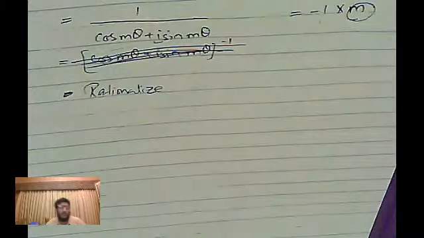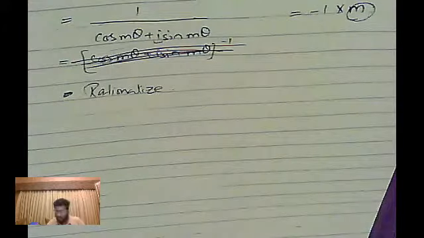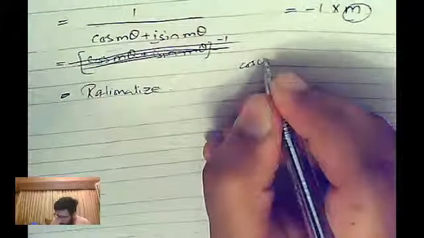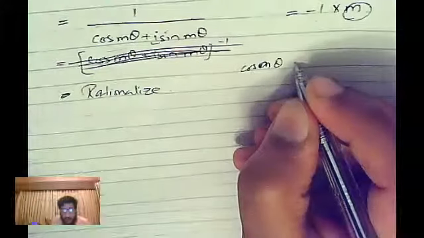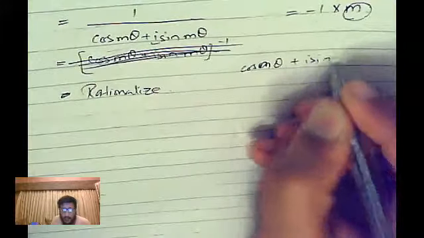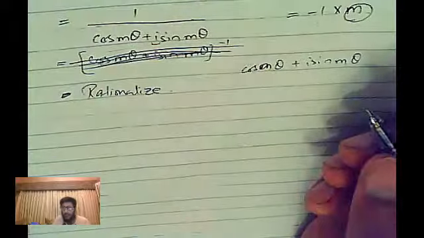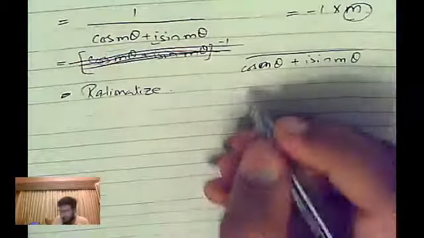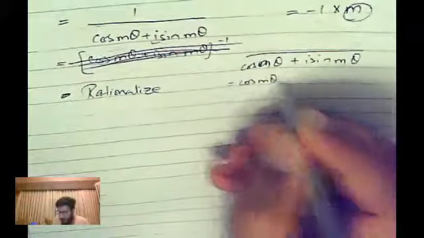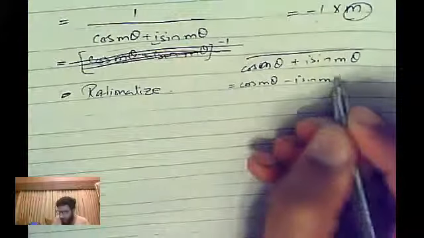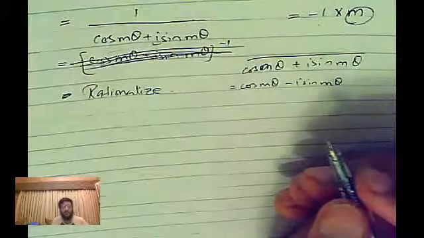How can we remove iota from the denominator? We rationalize. And what is meant by rationalizing? We multiply and divide by the conjugate of the denominator. Our denominator is cos m theta plus iota sine m theta, so its conjugate will be cos m theta minus iota sine m theta, right?